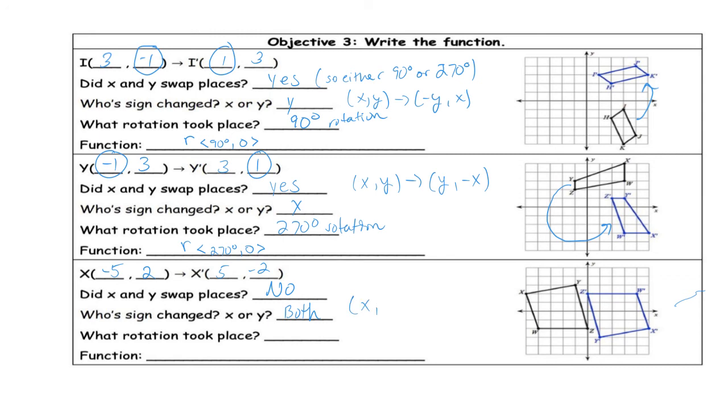And again, both changed. So XY changed to negative X, negative Y. They didn't swap, but we took the opposite of both. That tells us it's a 180-degree rotation. So it's a rotation of 180 degrees about the origin. Right, and this is what you'd want to put in for your rotation. And that's it.